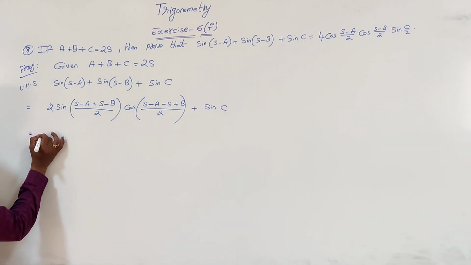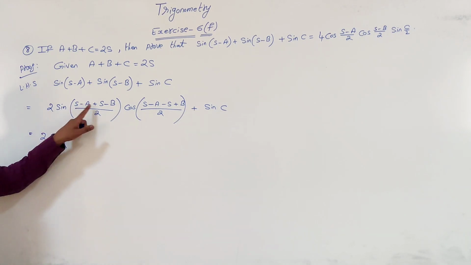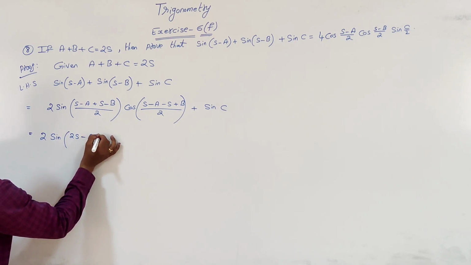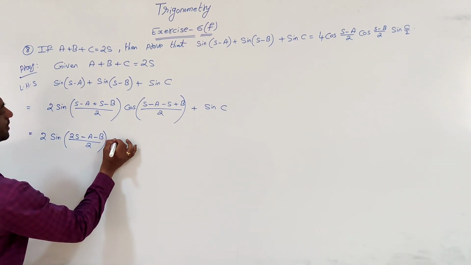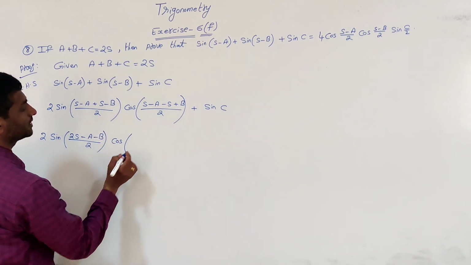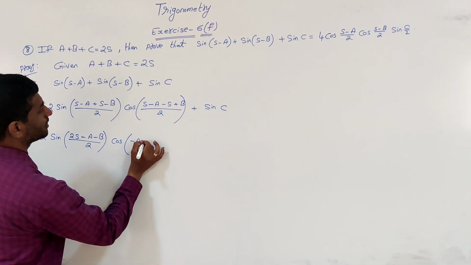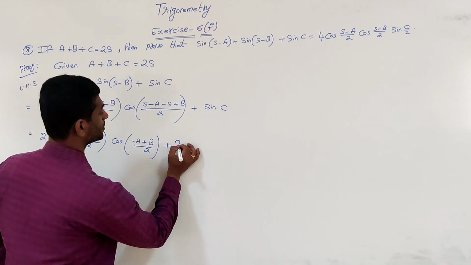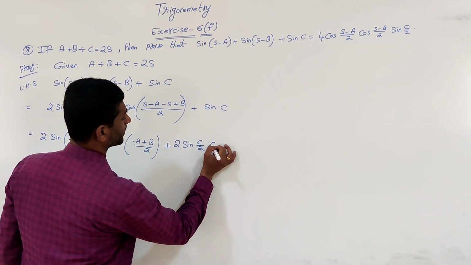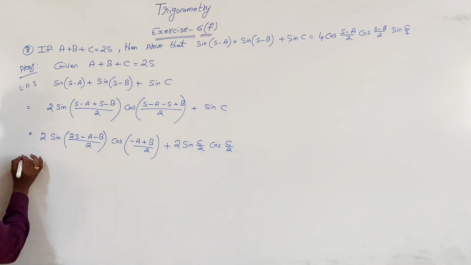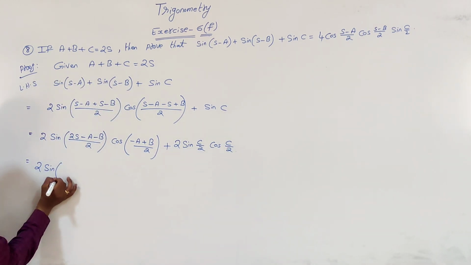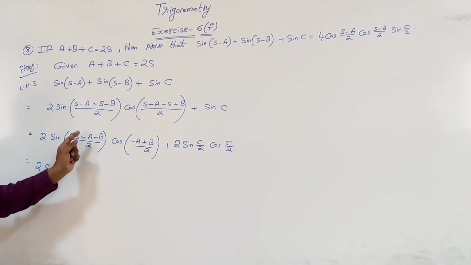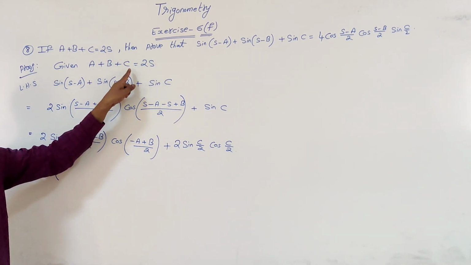Next, 2 sin of (s plus s) will be (2s minus a minus b)/2 cos of, s gets cancelled, so it will be (minus a plus b)/2, plus sin c can be written as 2 sin c/2 cos c/2. 2 sin of (2s minus a minus b)/2: from the condition a plus b plus c is equal to 2s, 2s minus a minus b will be c.